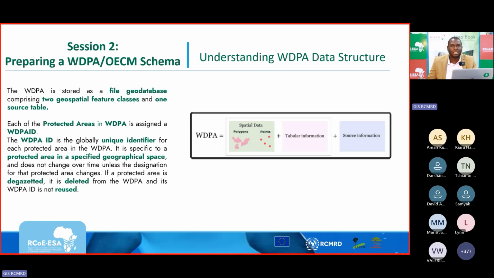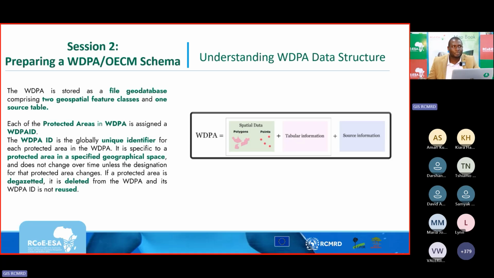For some countries which have fully mapped their protected areas, you might get all of the protected areas as polygons. However, some countries have not mapped any protected areas, so you'll find that the country only has points and not polygons. So this can vary a bit.